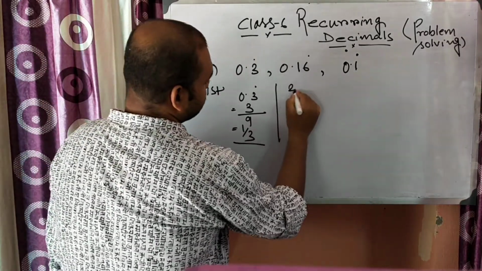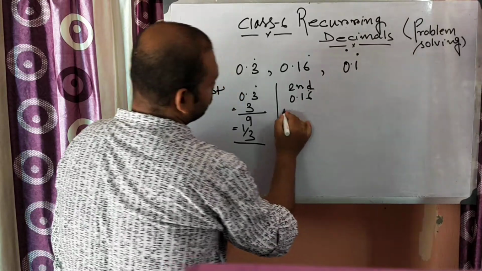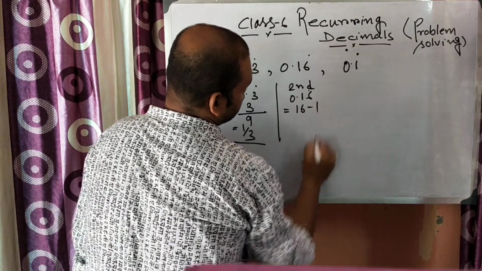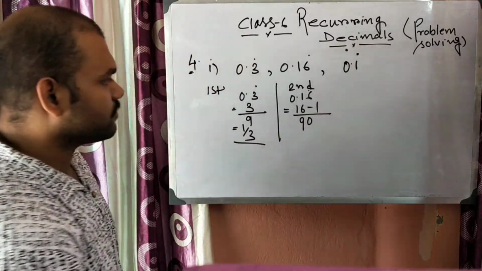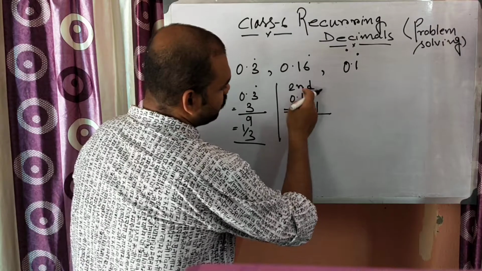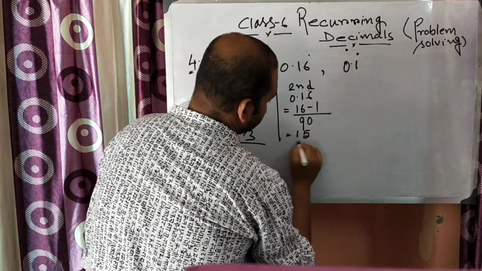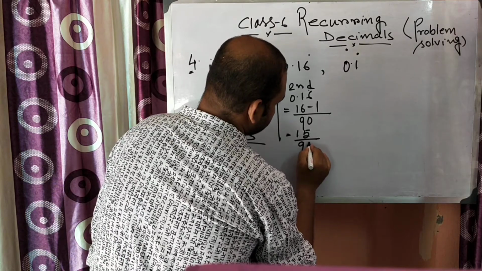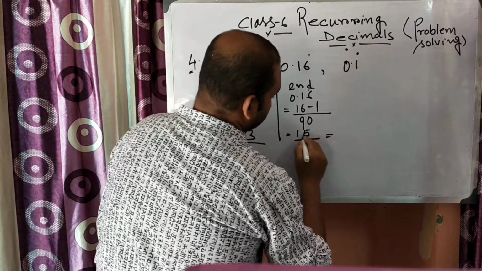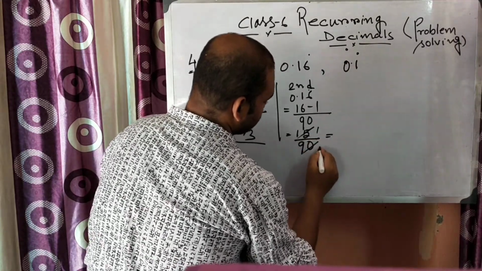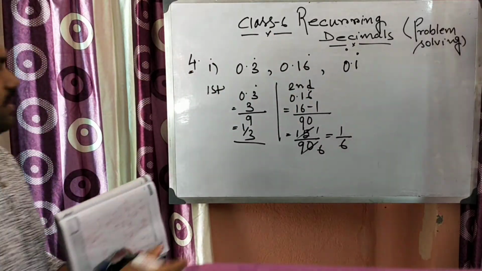The second term, 0.16 recurring, will be 16 minus 1 by 90, that will be 15 by 90, which cancels out to 1 by 6.